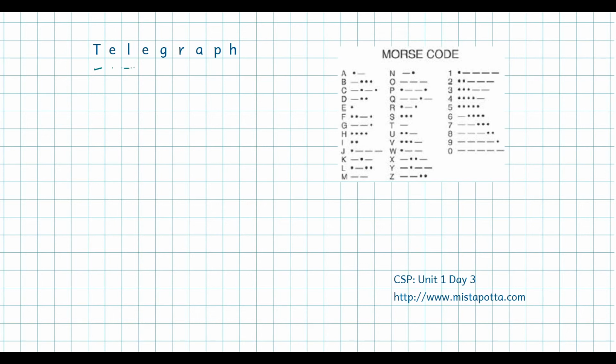I've got the letter E, which is another single dot. I've got a G, which is dash, dash, dot. I've got an R, which is dot, dash, dot. I've got an A, which is dot, dash. I've got a P, which is dot, dash, dash, dot. That should be a dash here.